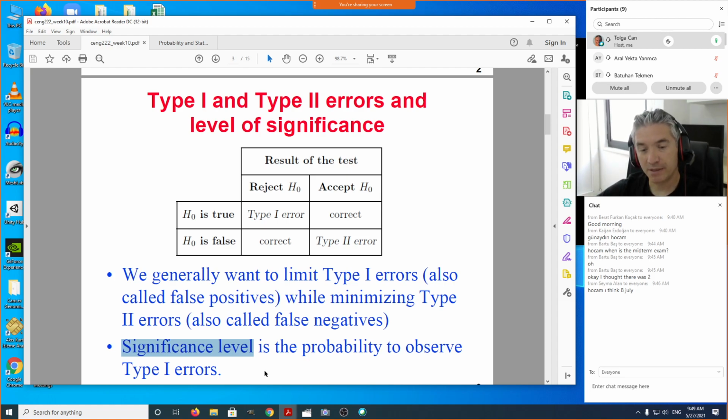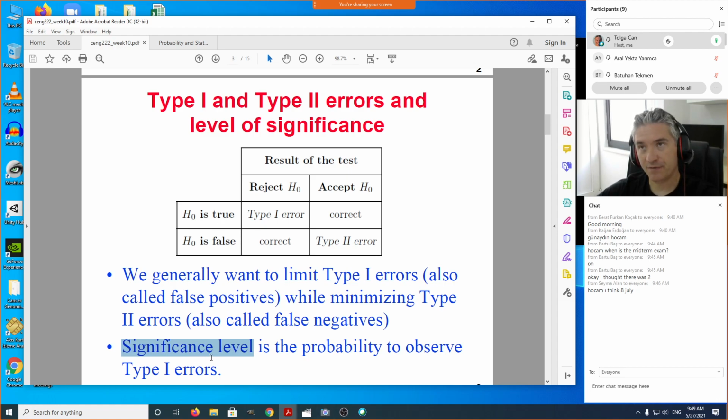If you decrease alpha, for example to 0.001, 1 in 1,000, it means that you want to limit your probability of type 1 errors a lot. You don't want to tolerate such type 1 errors, which means false positives.